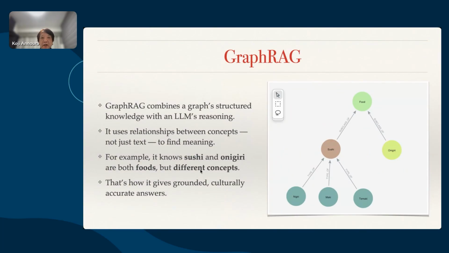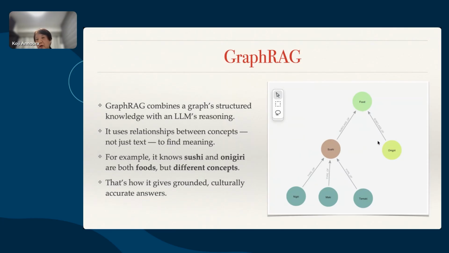GraphRAG is here. GraphRAG combines graph-structured knowledge with LLM reasoning. It uses relationships between concepts, not just text, to find meaning.